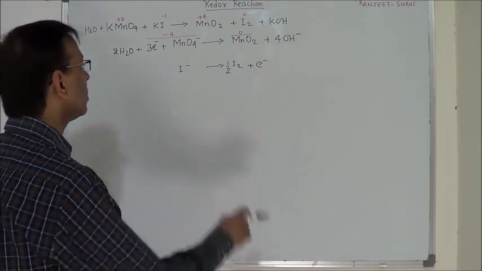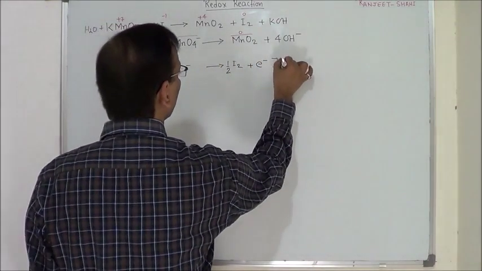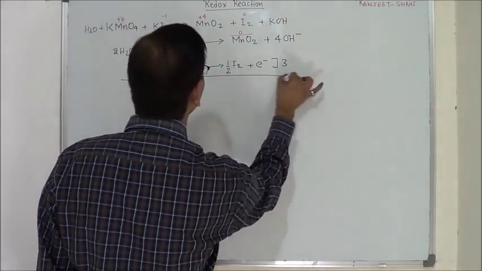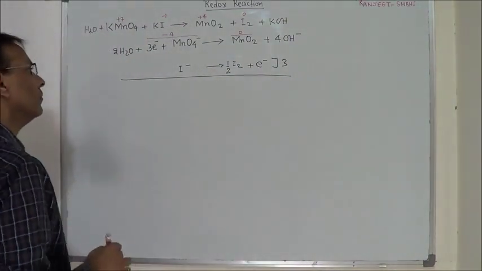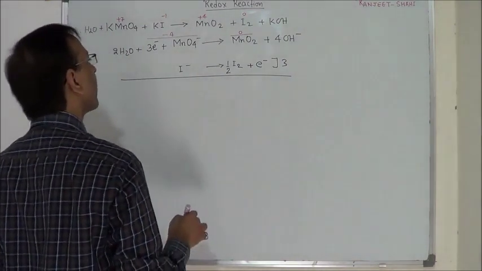Equalize the number of electrons: 3 electrons, multiply it by 3 and add them. What we obtain?